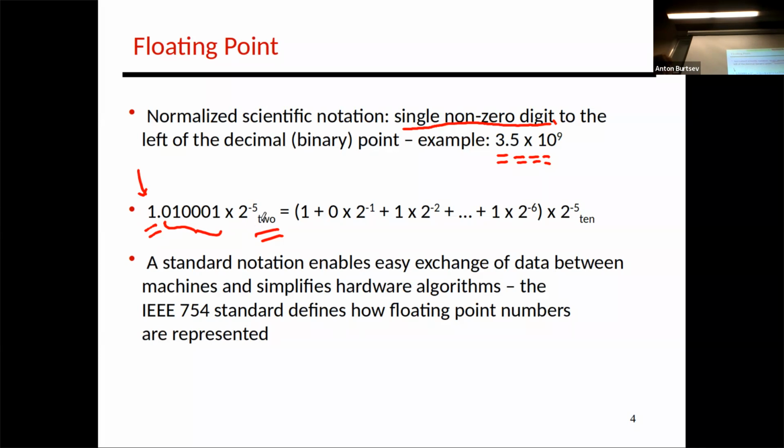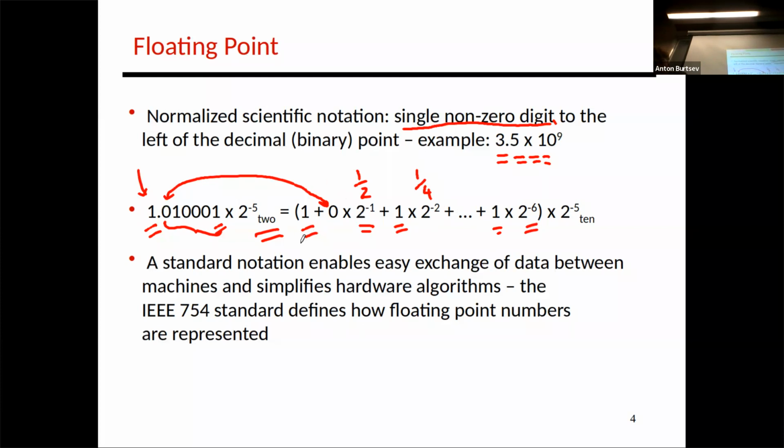And what it means really is that you have 1 plus this 0 multiplied by 2 to the power minus 1, which is 1/2. Then this 1 multiplied by 2 to the power minus 2, which is 1/4, and so on. And here 1 multiplied by 2 to the power minus 6.